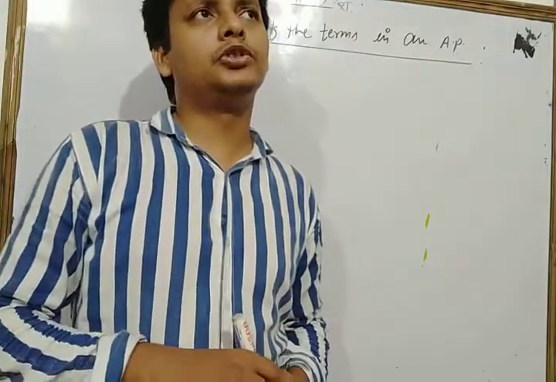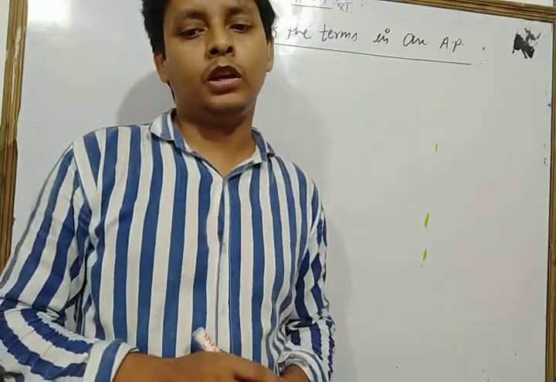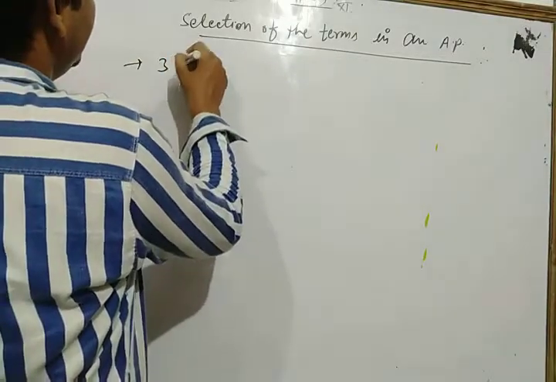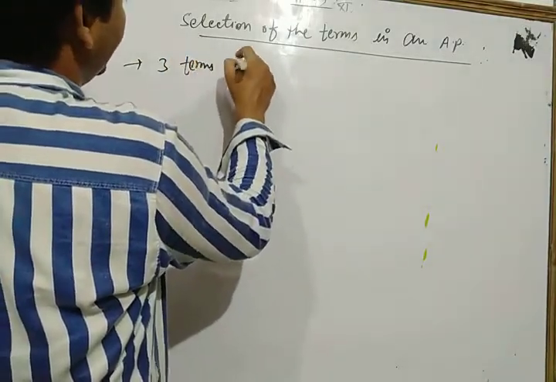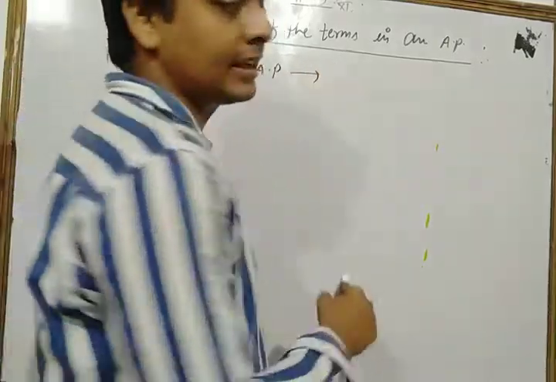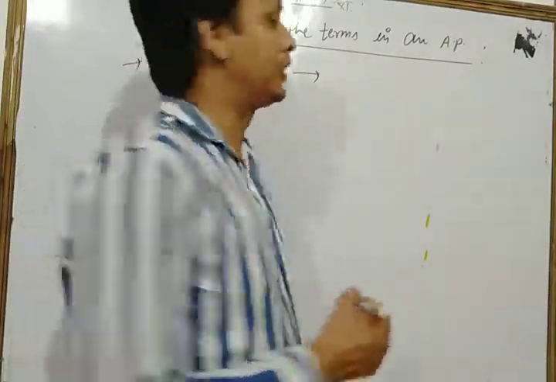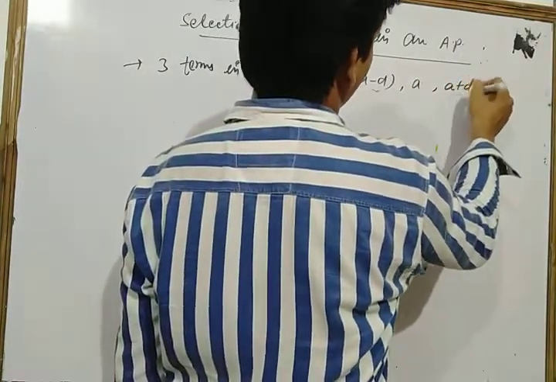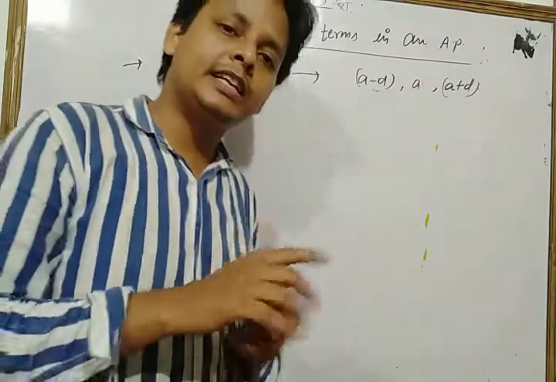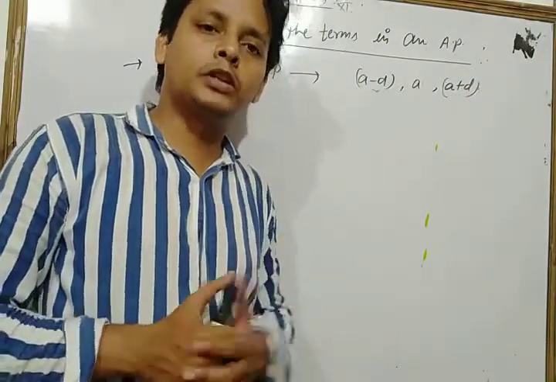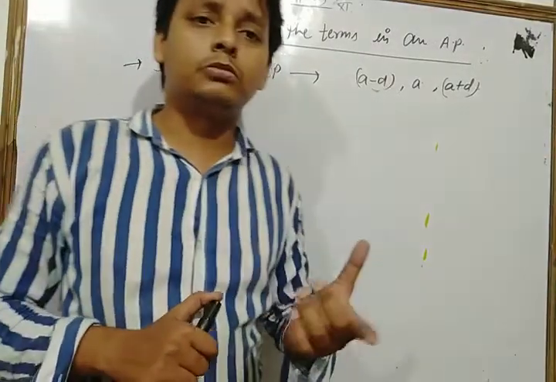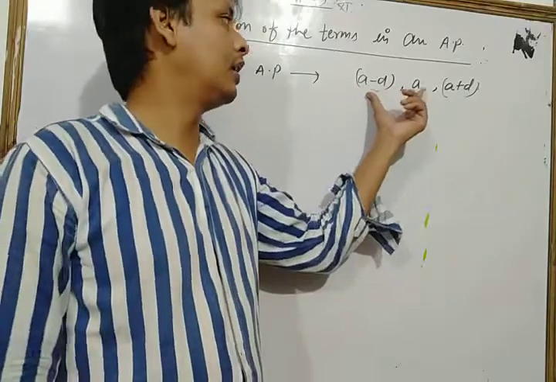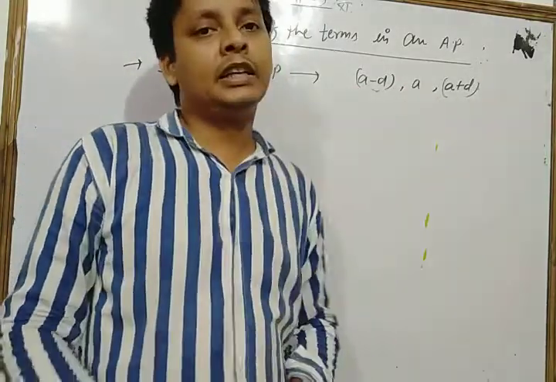If we take 3 terms in AP, we always take A minus D, A and A plus D. So in any word problem based question, if we consider 3 terms which are in AP, then we always take A minus D, A and A plus D.